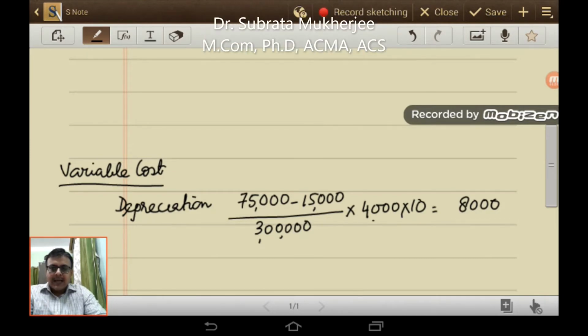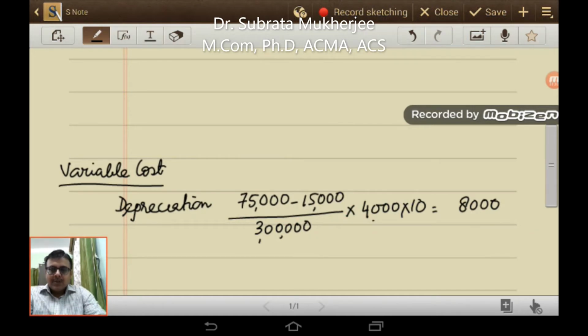In the numerator I have written 75,000 minus 15,000. This is the total cost that you have to bear for the useful life of the taxi. 15,000 is the scrap value and 3 lakh is the total kilometer run by the taxi, that is, the taxi has a useful life of 3 lakh kilometer.